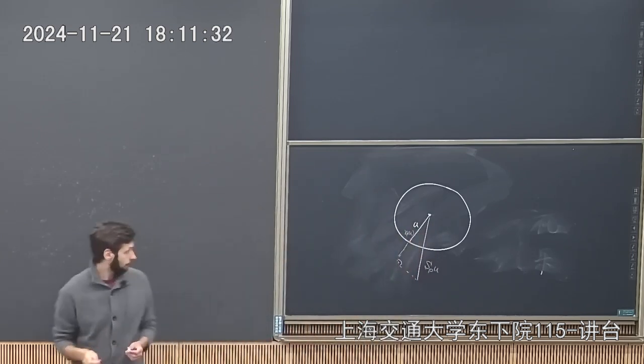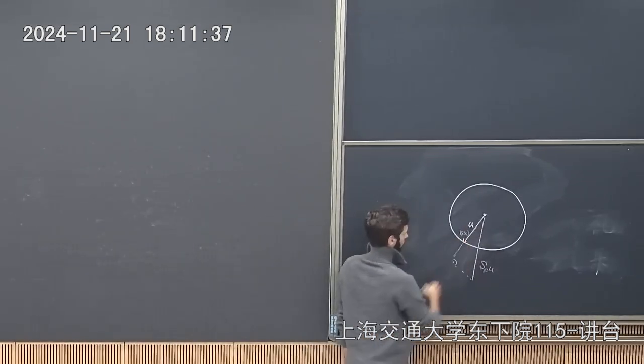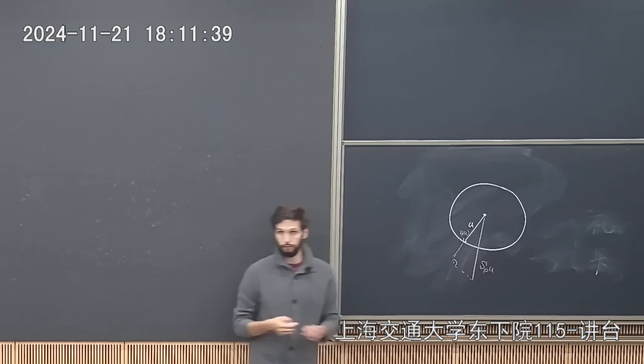So now you can do that for every vector u. You can play that game, and you get a different vector S_P of u.